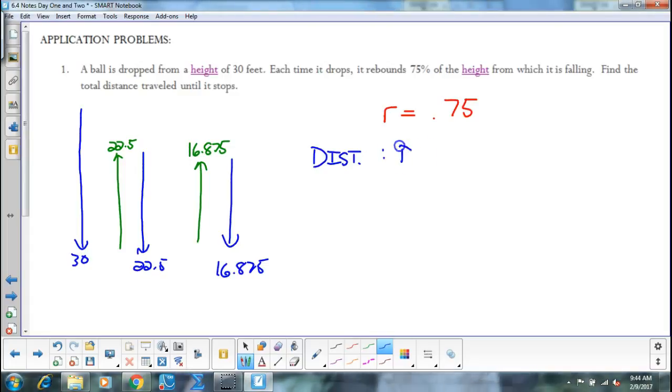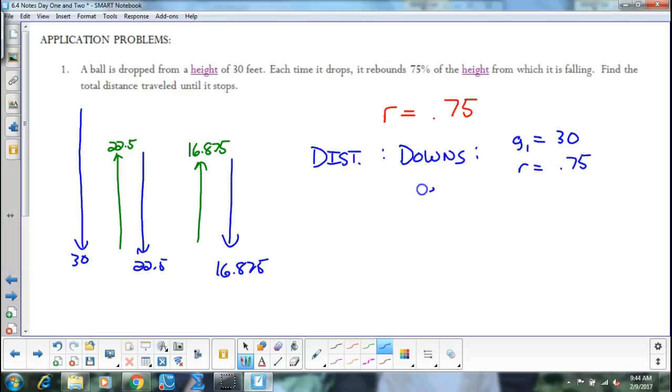for the downs. Because it travels going down, right? There's a bunch of going downs. So what would be my G sub 1? 30. What would be my R? 0.75.